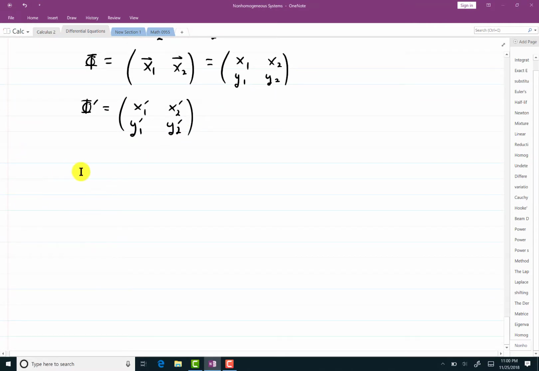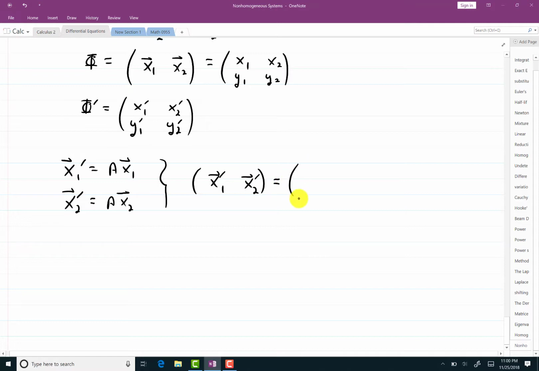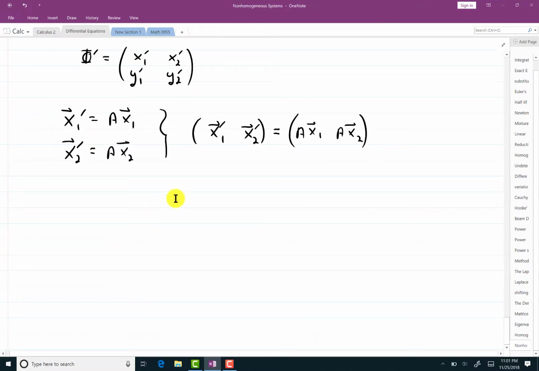Now, if I use these together to create myself a matrix where one column is x1 and another column is x2, like that, then it also equals a matrix whose first column is Ax1, whose second column is Ax2. It just so happens that I'll be able to factor out the A out of there.